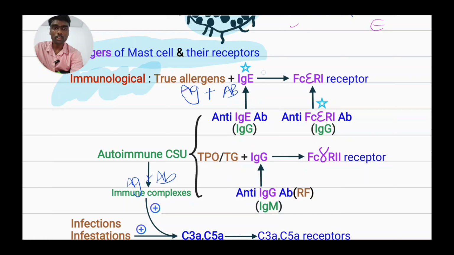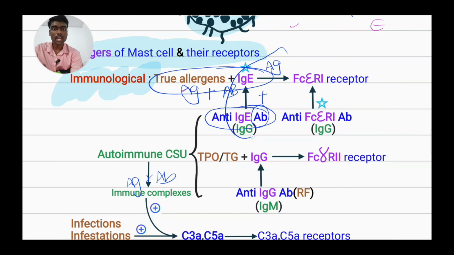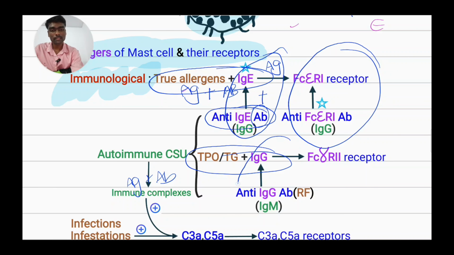They combine to form one immune complex. Here this IgE antibody acts as an antigen for the anti-IgE antibody. This antigen plus antibody forms another immune complex. Here is one more immune complex. Here is another one. Here is one more.